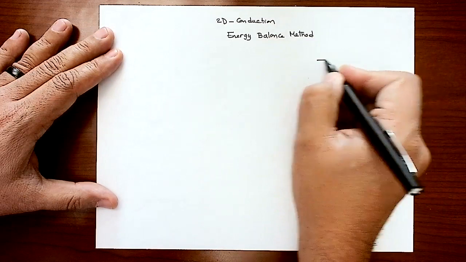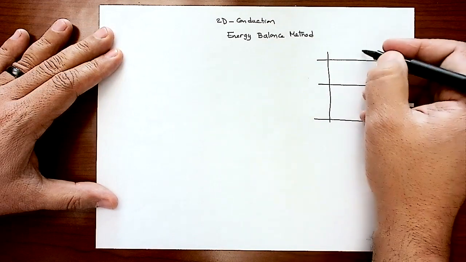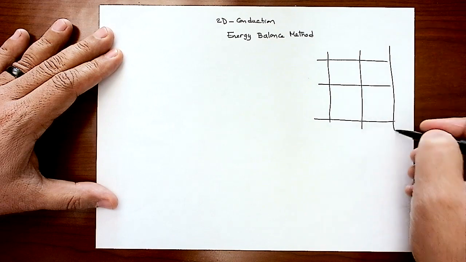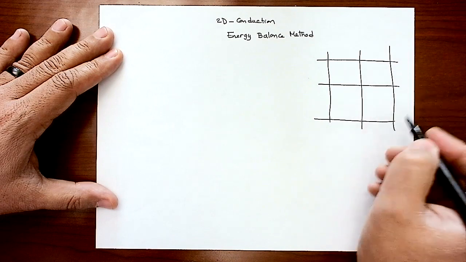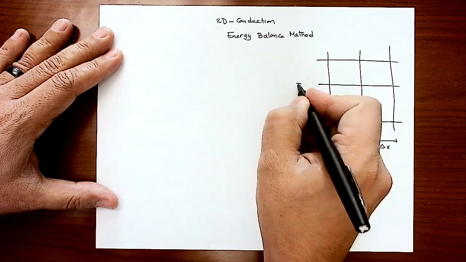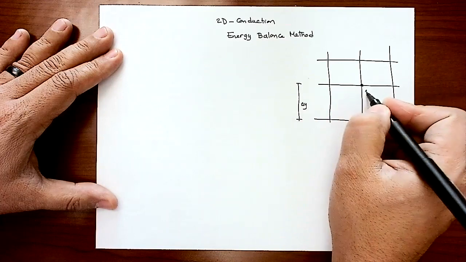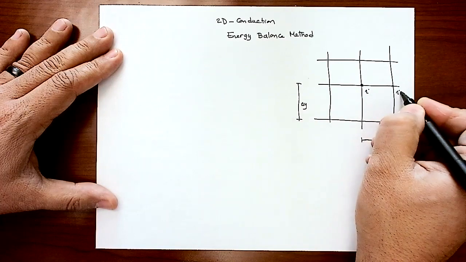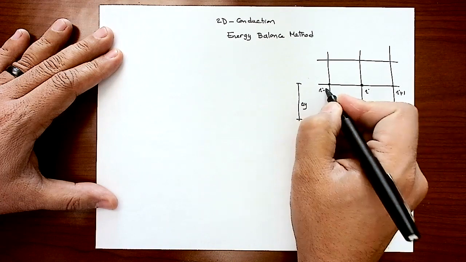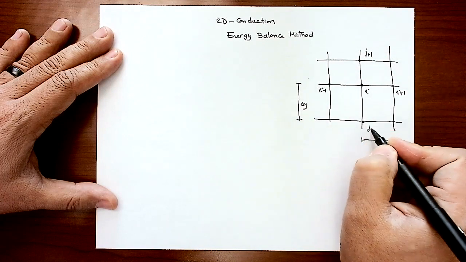Here is my domain. And again, I try to keep delta x, delta y equal. So that's my delta x, that's my delta y. Now, this is my node I. I'm surrounded by I plus 1, I minus 1, j plus 1, and j minus 1.